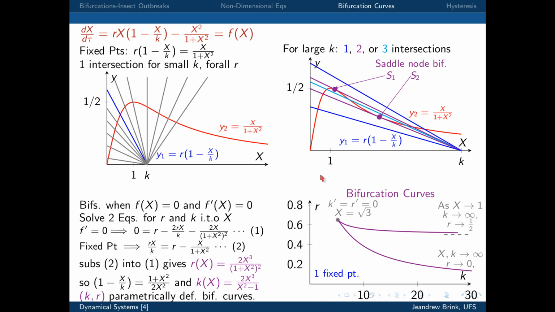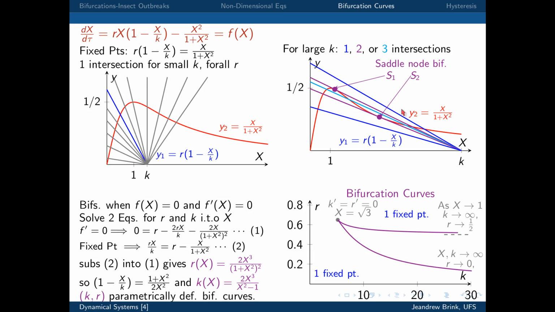In fact we only have one fixed point until we go over the bifurcation curve, so we have one fixed point all the way over here. Now if we look at this graph, if k is large and r is large, then we also only have one fixed point, because then we have this blue line over here and we only have one fixed point over there.